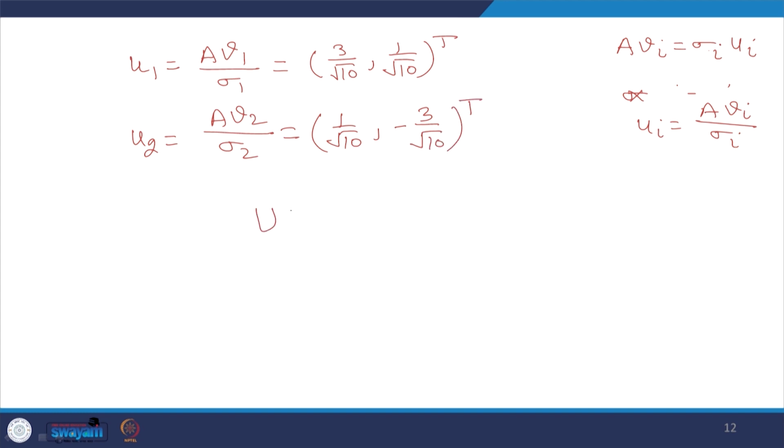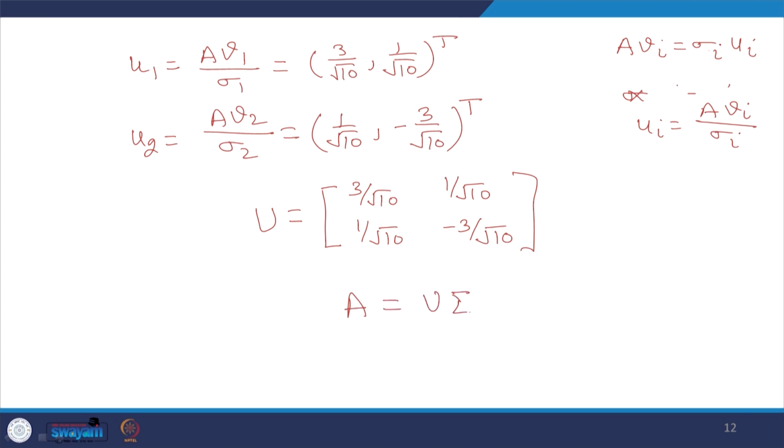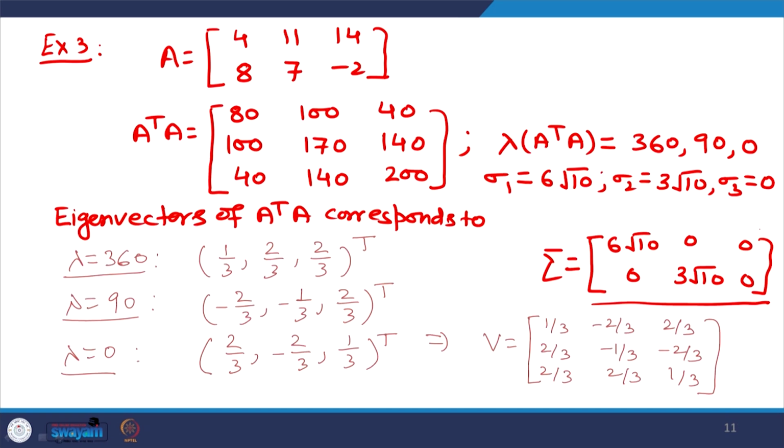So, from here my matrix U becomes [3 by root 10, 1 upon root 10; 1 upon root 10, minus 3 upon root 10]. The singular value decomposition of A is U sigma V transpose, where U is given by this, sigma is here and V is here.